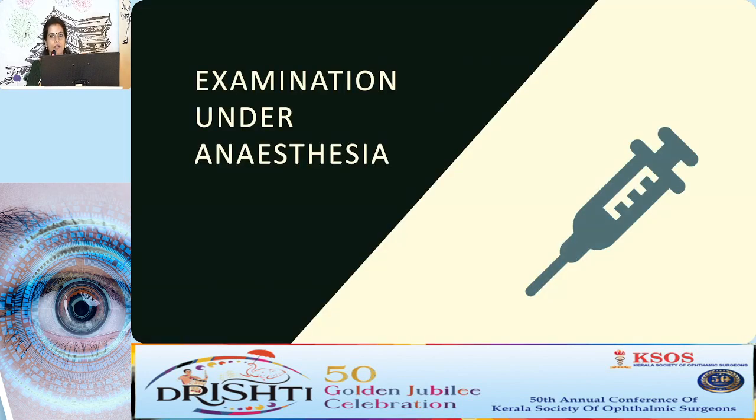Whenever required, don't hesitate to do an examination under anesthesia or mild sedation with pedichloral in required cases, because if we omit this, it might even cost the vision of the child. So, an examination under anesthesia for any retinal changes, if we suspect them, should be done, and this might save the vision of the child. So, never hesitate if required, but otherwise, try to do everything without anesthesia.